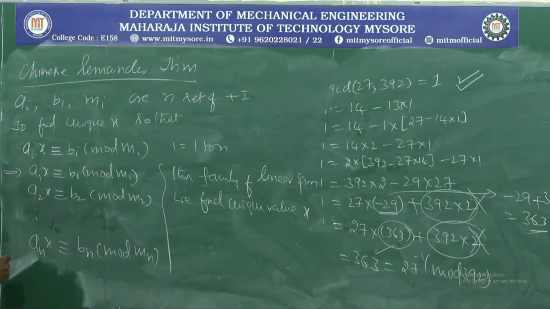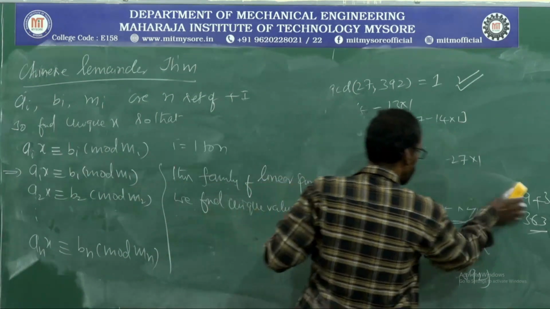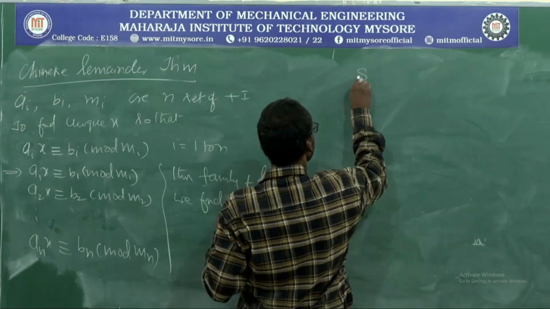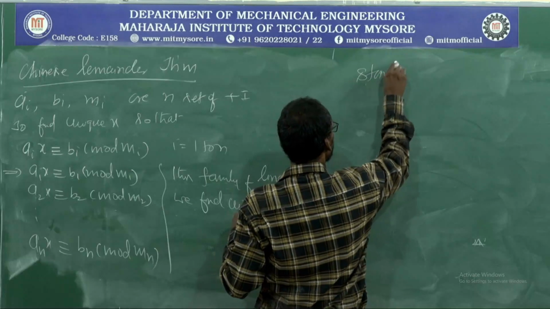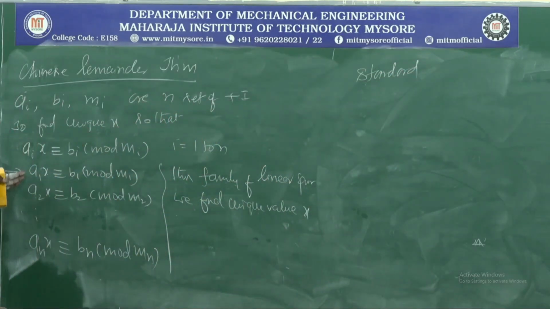Generally, in the basic linear equation form of the Chinese remainder theorem, a1 to an are all going to be 1. So, the standard form of the Chinese remainder theorem: always convert the problem to standard form. If there is an ai, get rid of a1, get rid of a2, get rid of an, make it standard.